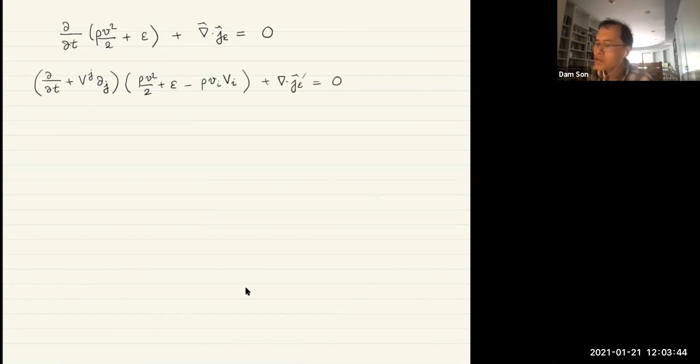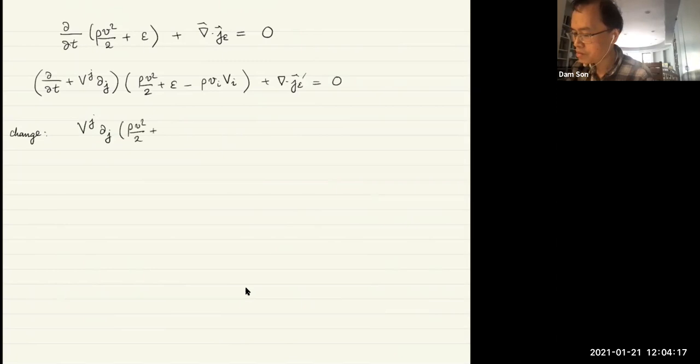And so the first term, what do we see? We see something like Vi Vj dj, the change under Galilean boost, ignoring the terms that are already in the original equation. Bring down the things linear in V. Now Vj dj of rho v squared over 2 plus epsilon.